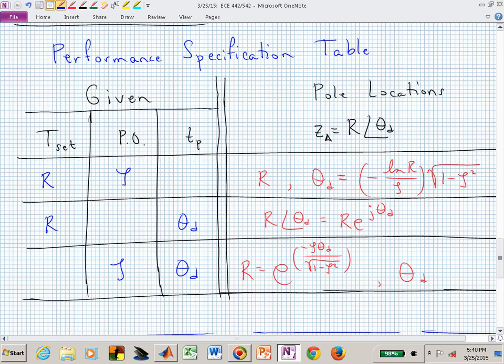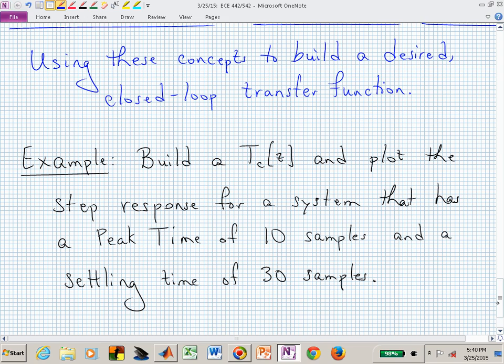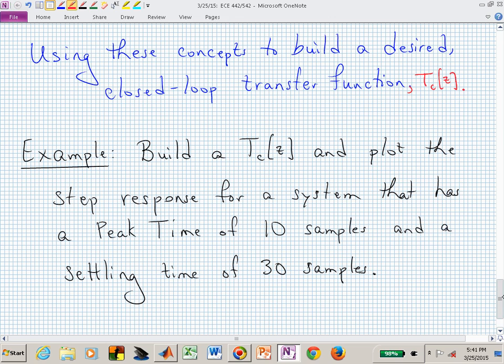Let's look at applying that. Let's now use these concepts to actually build a desired closed-loop transfer function, and let's just call that T sub C of z. That might be our controlled transfer function later, and that's why I'm trying to use the same notation for that transfer function.